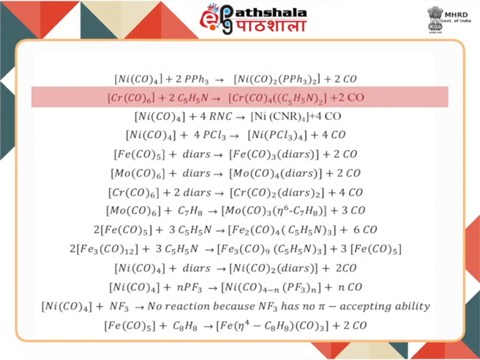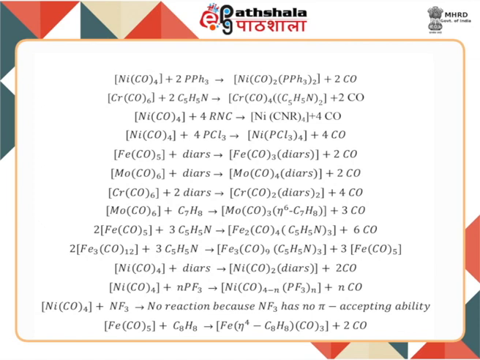In the second reaction, we have an octahedral complex of chromium which on reaction with pyridine gives a substitution reaction in which chromium has 4 carbonyl molecules and 2 pyridine molecules and releases 2 carbon monoxide molecules.